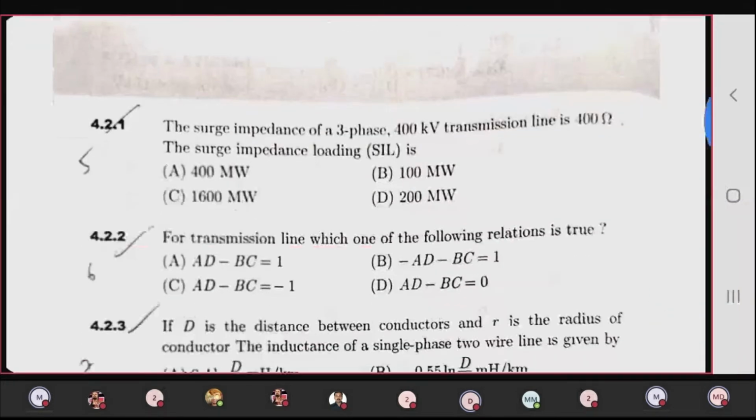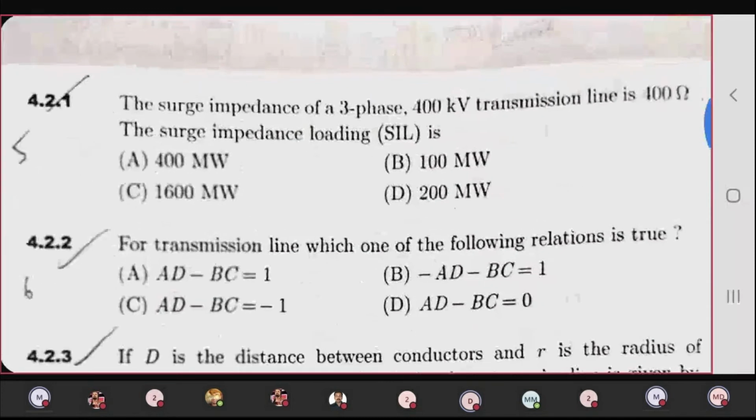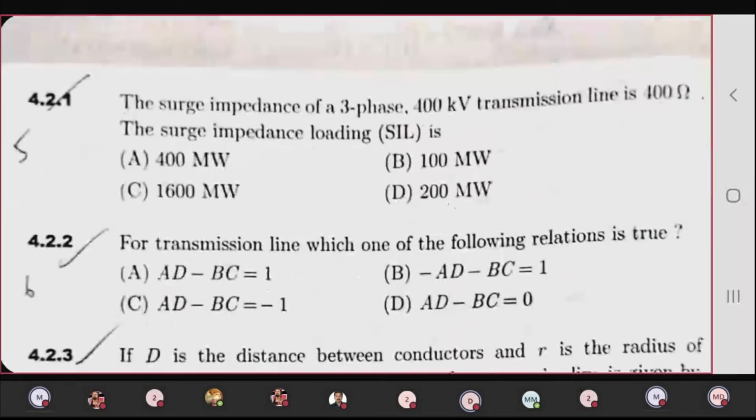So the first question is the surge impedance of a three-phase 400 kV transmission line is 400 ohms. The surge impedance loading is, option A 400 megawatts, option B 100 megawatts, option C 1600 megawatts, and option D 200 megawatts.